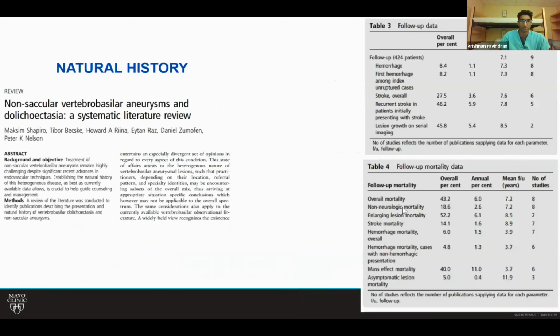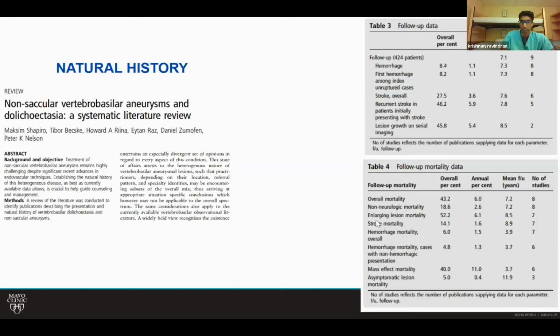Dr. Shapiro and Dr. Nelson in New York, Dr. Shapiro being the author of the website Neurangio, provided a recent systematic review from 2016 looking at essentially the natural history literature in VBD, as well as fusiform vertebral artery aneurysms in general. And their results were sobering.